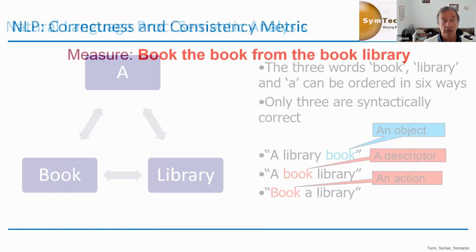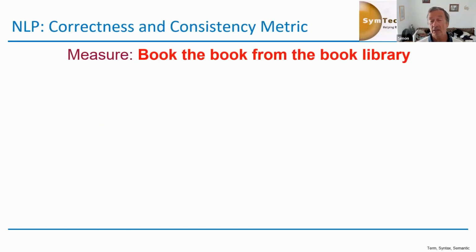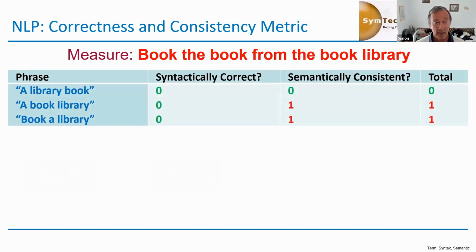So you could measure one simple sentence. I want to book the book from the book library. Okay, let's try and analyze this. So our phrase, we've got our 3 syntactically correct, but these 2 are semantically inconsistent. The word book is not being used as an object, it's used as a descriptor or action.